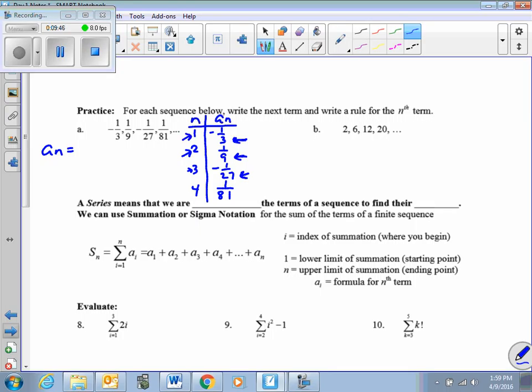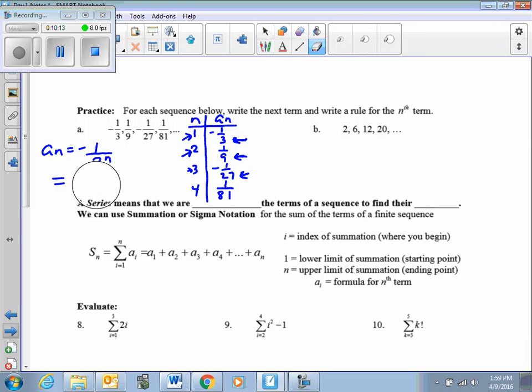So that's what's going on here: I've got 1 over 3 to the power of n, but it's also got to be negative, right? So that looks a little confusing. What I actually want to do is rewrite this. I want to put my negative out here, 1/3 in here.